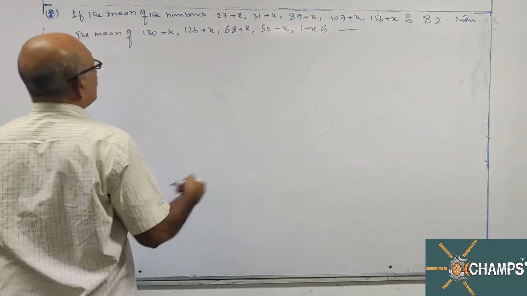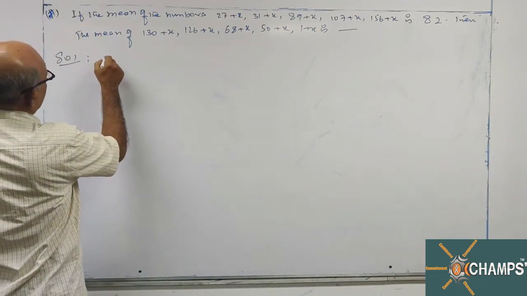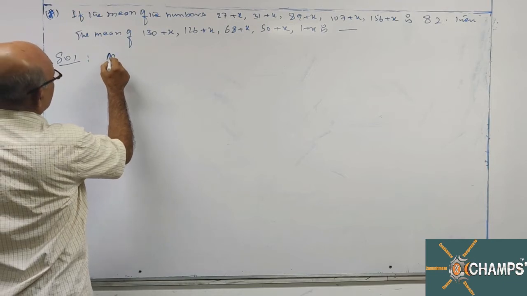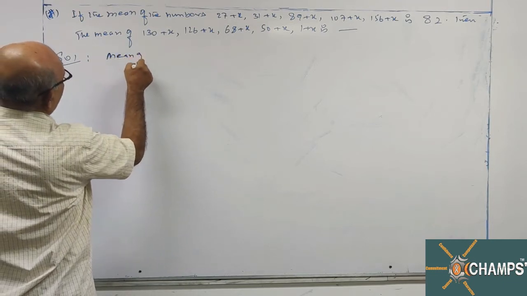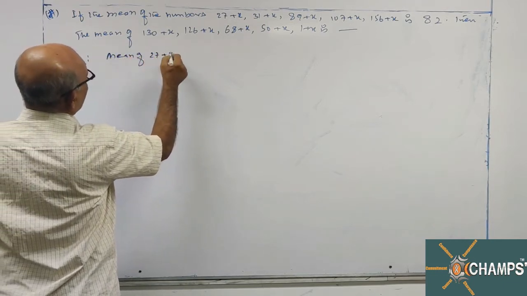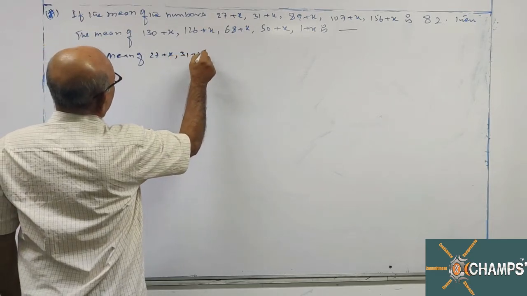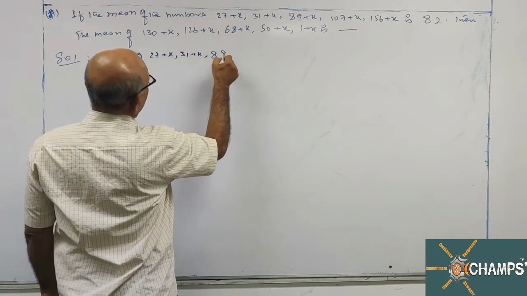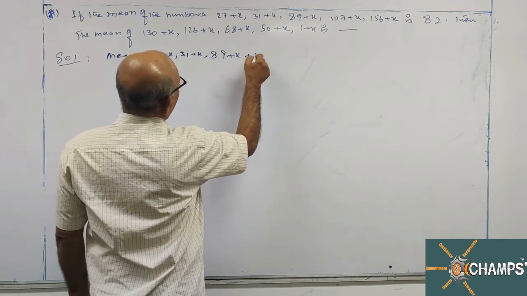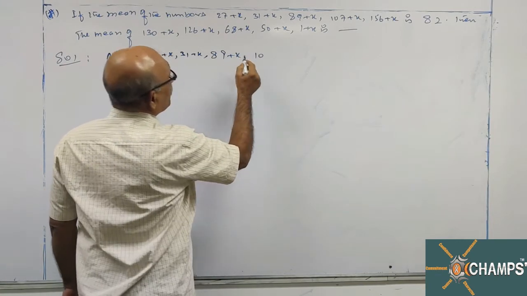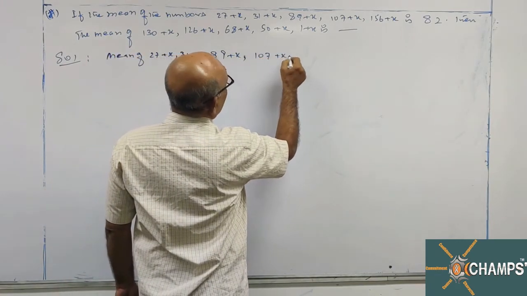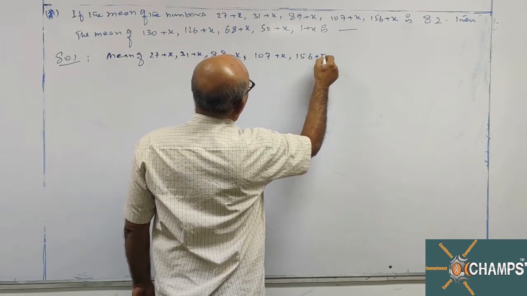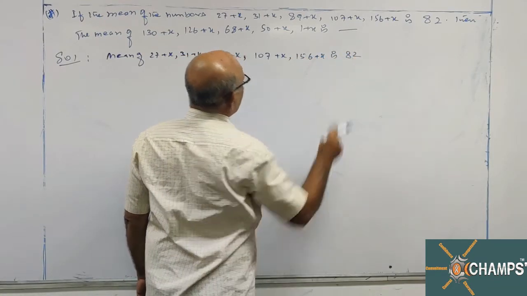Now mean of 27 plus x, 31 plus x, 89 plus x, 107 plus x, 156 plus x is 82, given in the question.